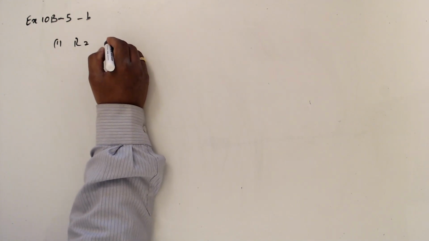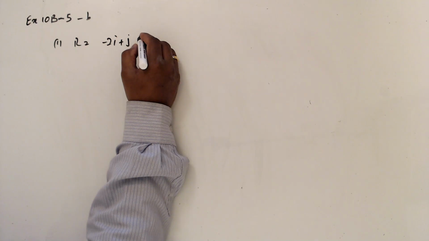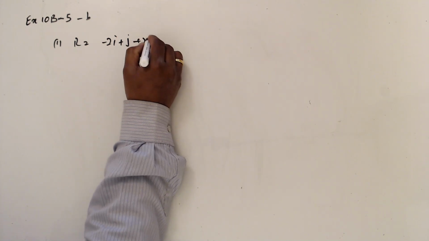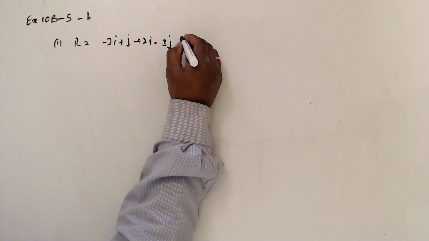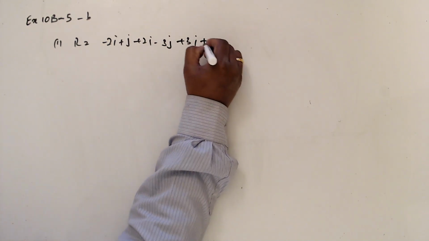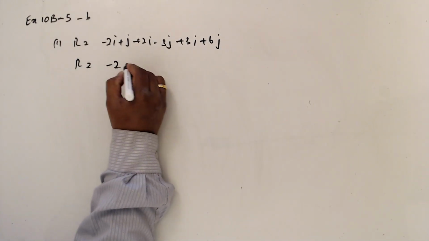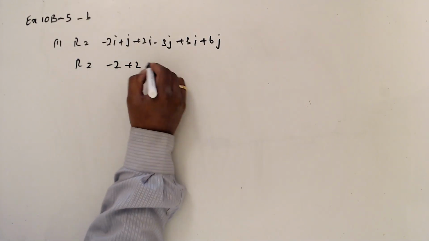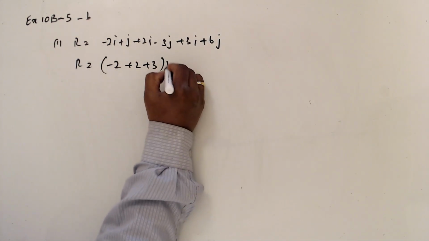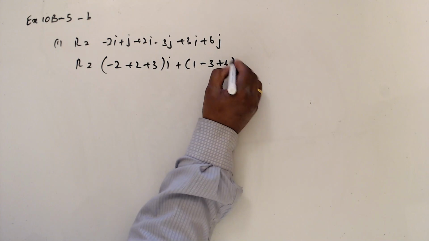So this is minus 2i plus j, plus 2i minus 3j, plus 3i plus 6j. So R equals minus 2 plus 2 plus 3 i, plus the j components.